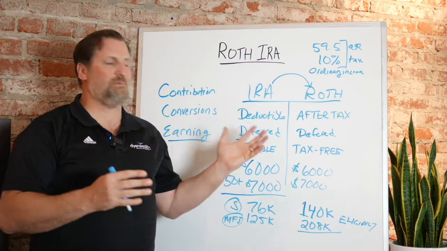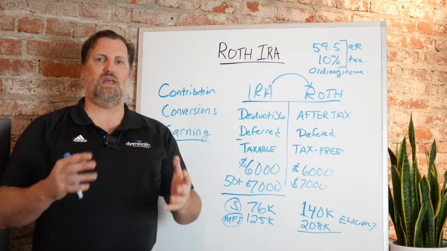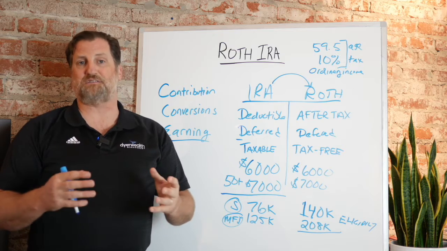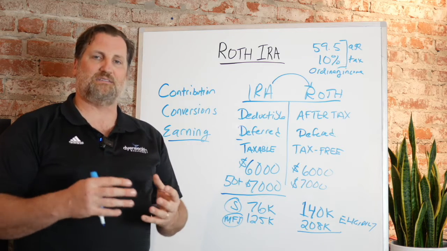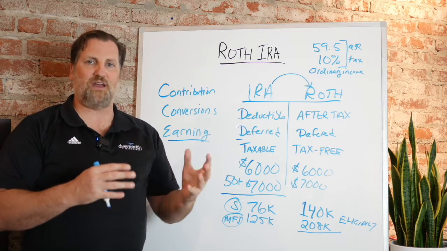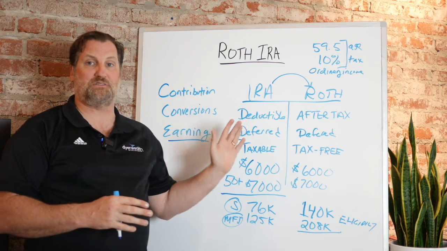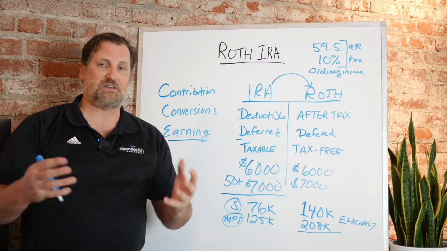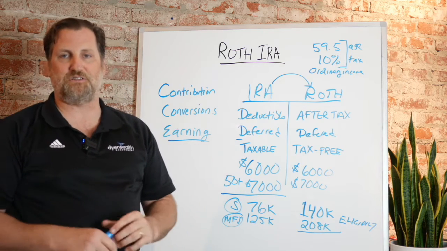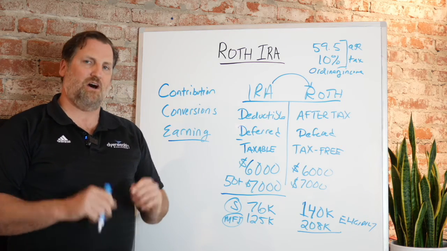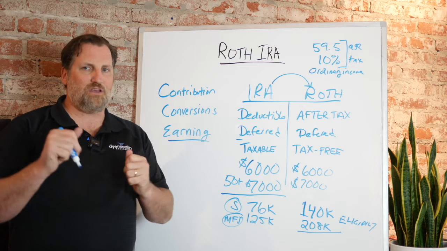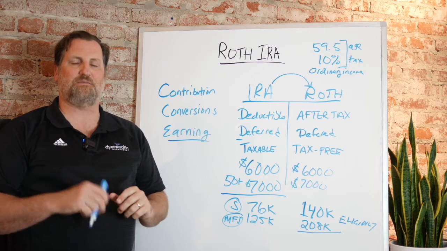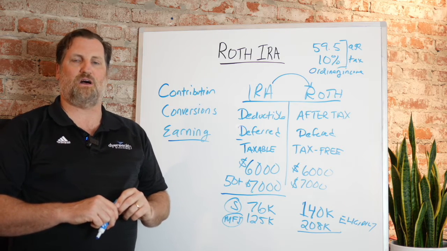No matter how complex this might seem, we have a system and a process where we can analyze your current situation, and we can find out which of these makes sense. Sometimes it's full contribution, sometimes it's a conversion, sometimes it's a combination of the two. Everybody's got a different situation, but understanding this, especially with what's going on with taxes, can be a very powerful wealth planning tool.